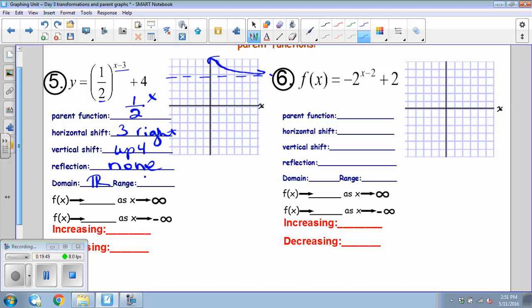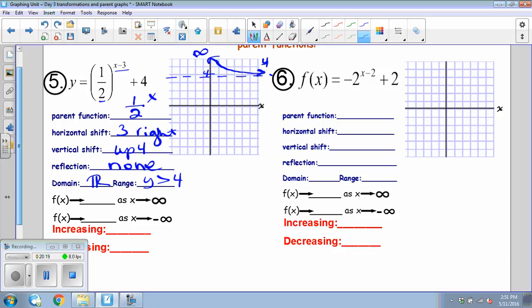My range is y greater than, can't equal it, greater than 4. This is 4. So y greater than 4. As I go to the left, this approaches positive infinity. As I go to the right, it approaches 4. It never goes past 4.